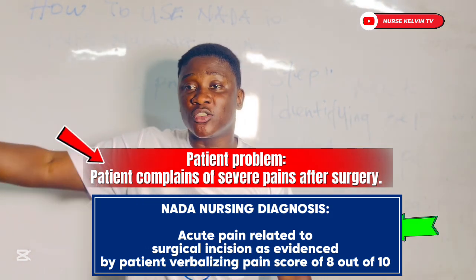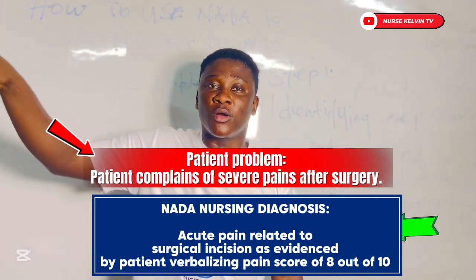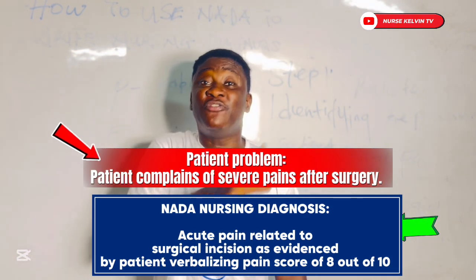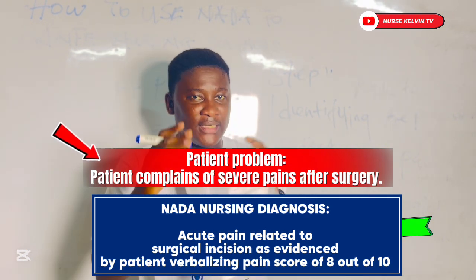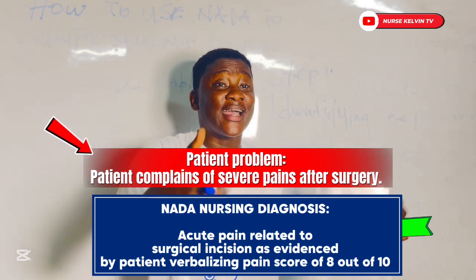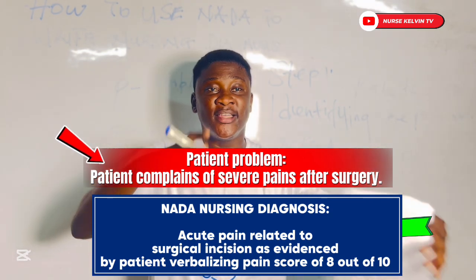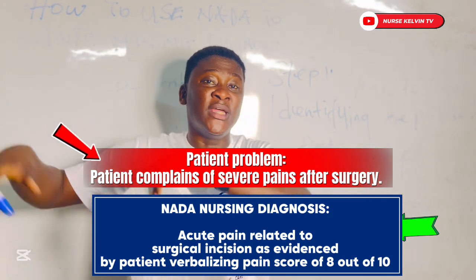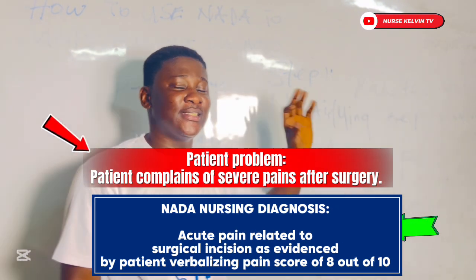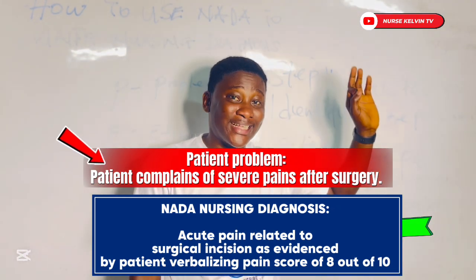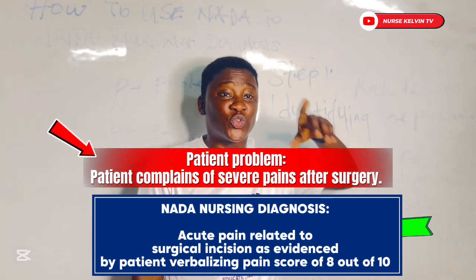Then from 7 to 10 is severe pain. That's the reason why, when the patient rates the pain 8 out of 10, it means the patient's pain is severe. So that is the nursing diagnosis, and that is how I use NANDA.